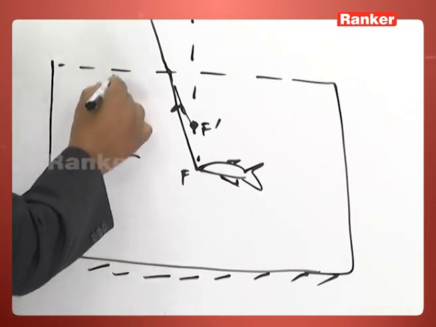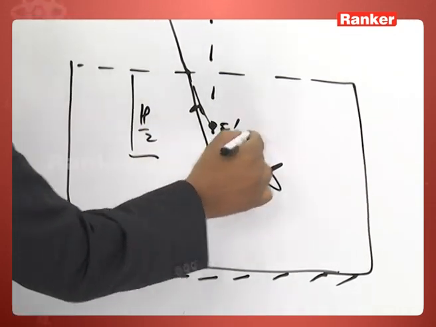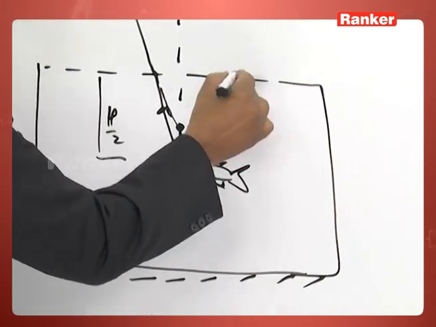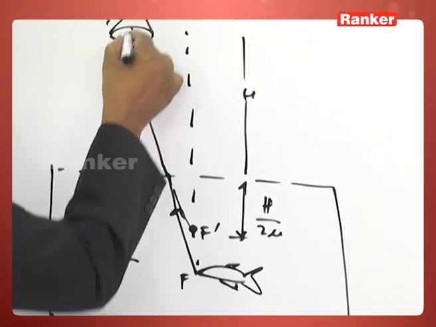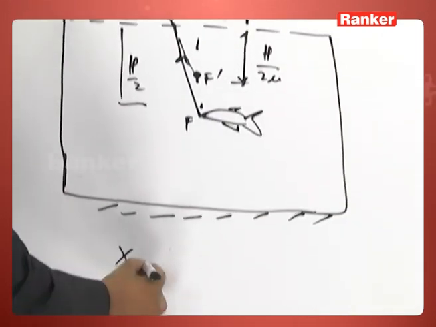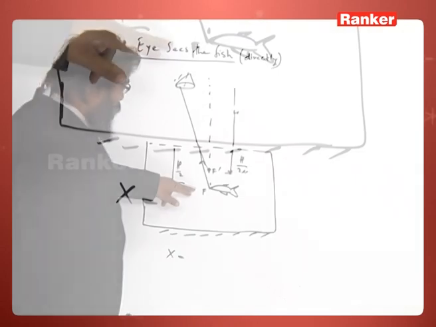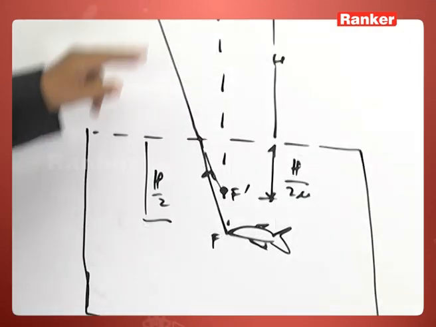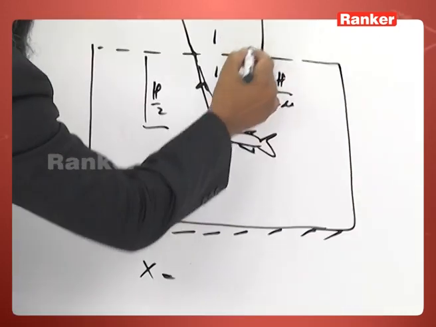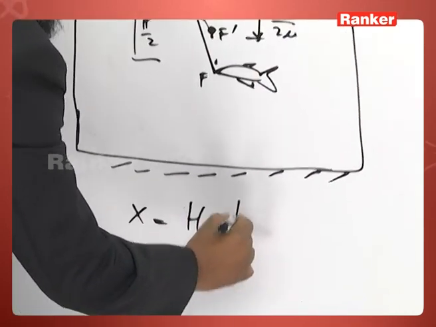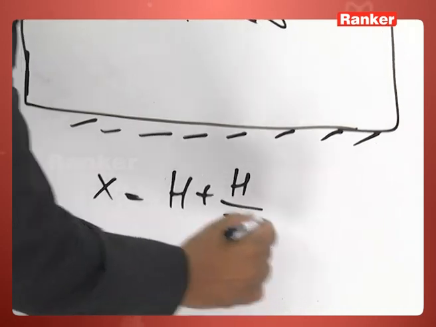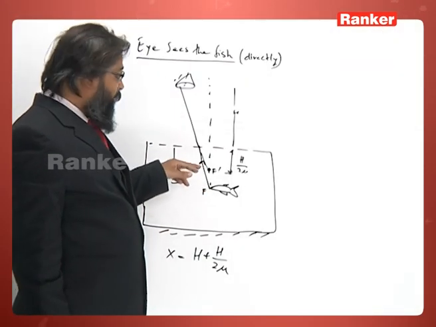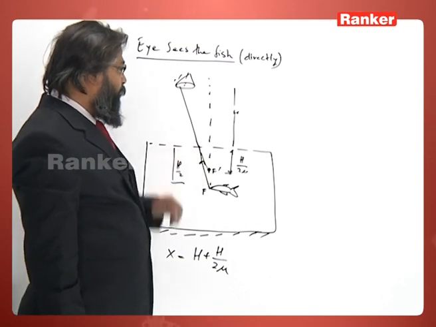This distance is h by 2. So here to here distance becomes h by 2 mu and this distance is h. The distance between the image of the fish seen directly and the eye, let us denote by x, is equal to h plus h by 2 mu. So here the fish is directly seen by us at this point f dash.